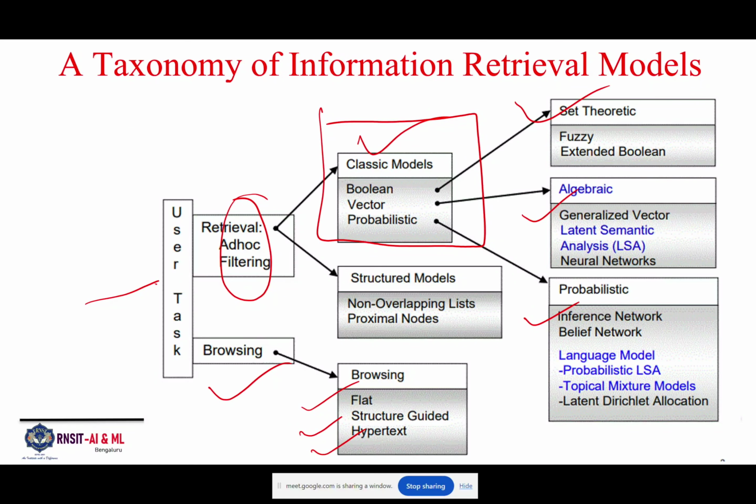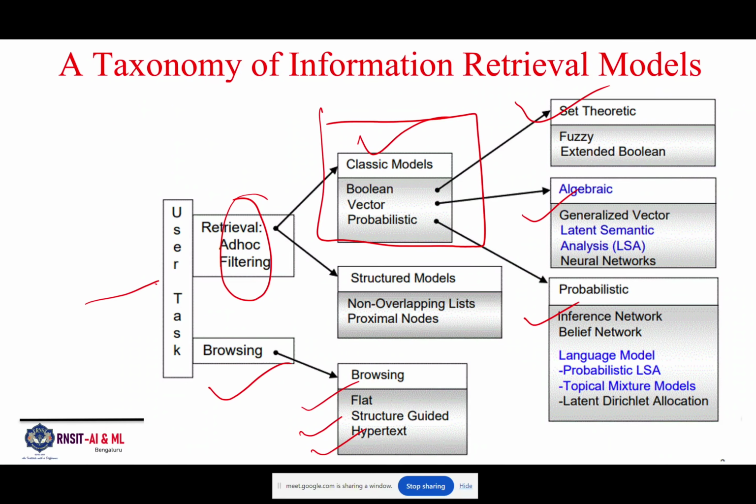Thus we say that the model is algebraic, and of course in a probabilistic model, the framework for modeling document and query representation is based on probability theory. Thus, as the name indicates, we say that the model is probabilistic.